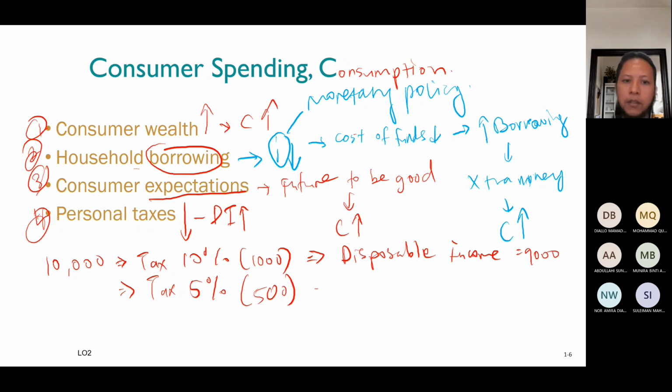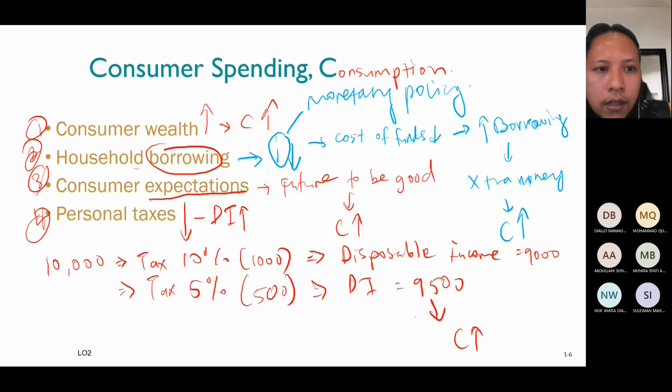Therefore, your disposable income has increased to 9,500. So now, because of the decrease in personal tax, you have a higher disposable income, and this basically results in higher consumption because you feel that you have extra money now. These are some of the factors that will influence consumer spending. Of course, there are other factors, but these are the four main factors.